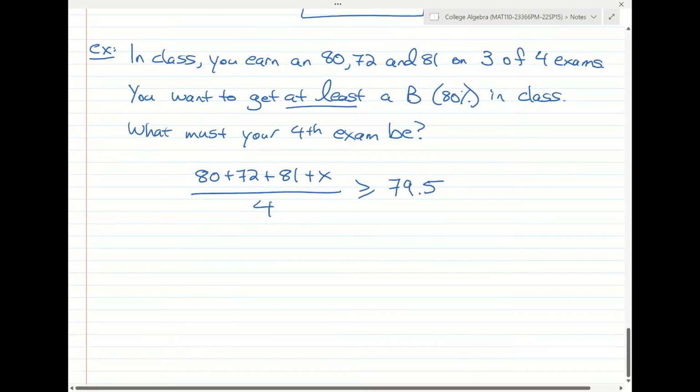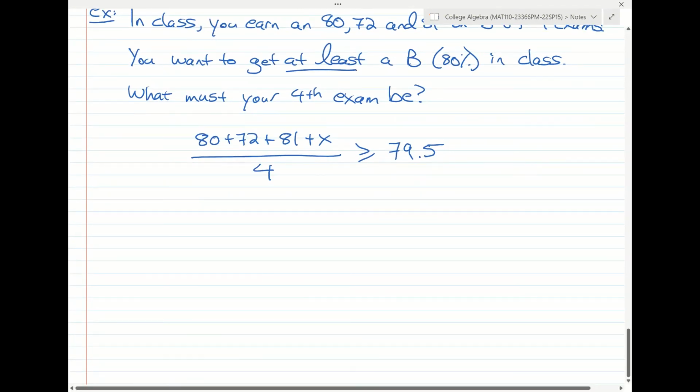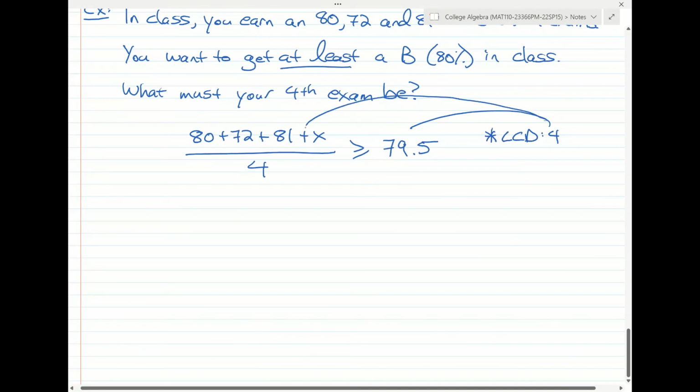Let's go ahead and solve this. We did talk about least common denominator before. Least common denominator here is 4. So if we multiply 4 times everything, 4 times this whole fraction, 79.5 times 4 is 318.